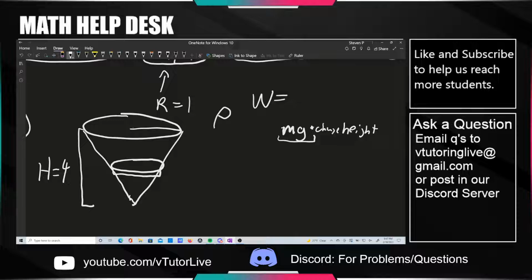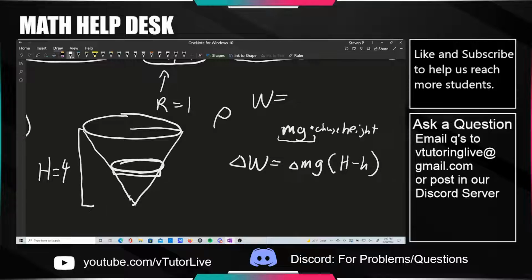I'm just going to assert what our starting point is going to be. Basically, our little differential work, for every single one of these slices right here, what is it? It's going to be the little mass times gravity times the change in height, which is going to be big H minus little h.